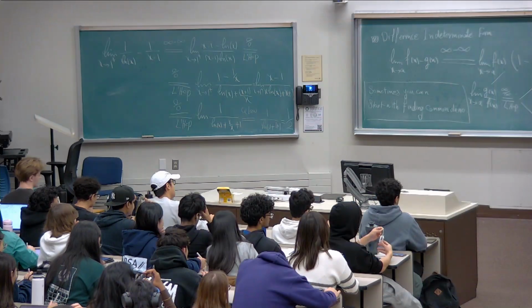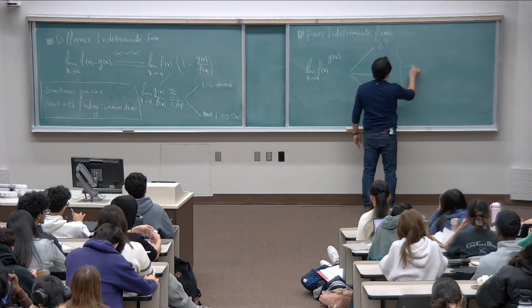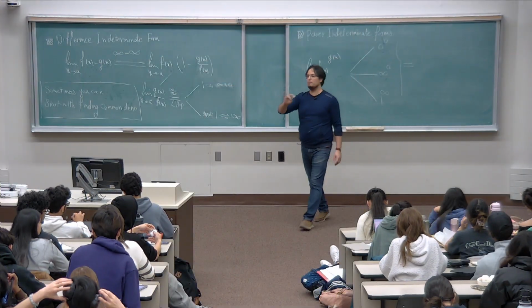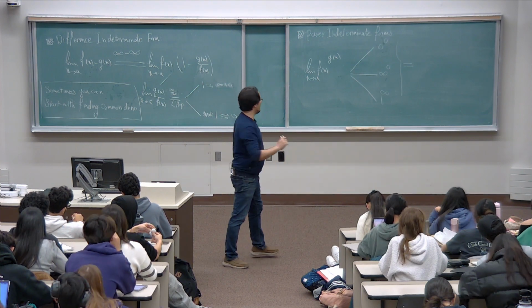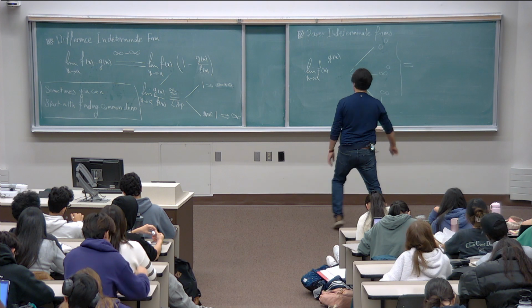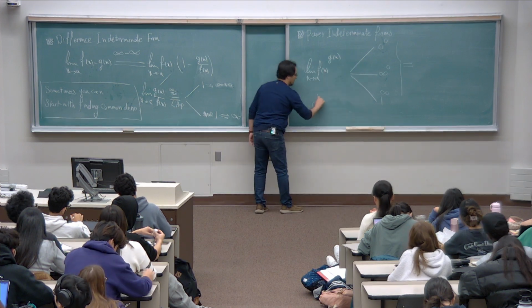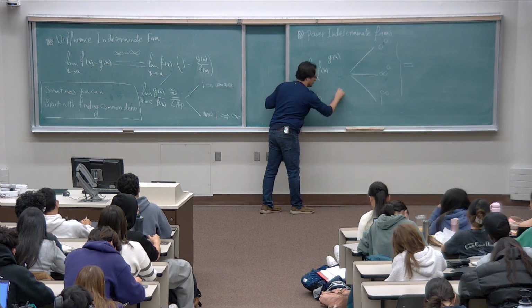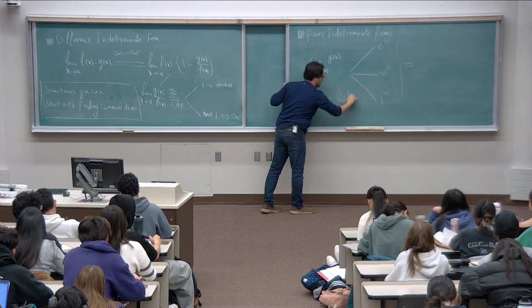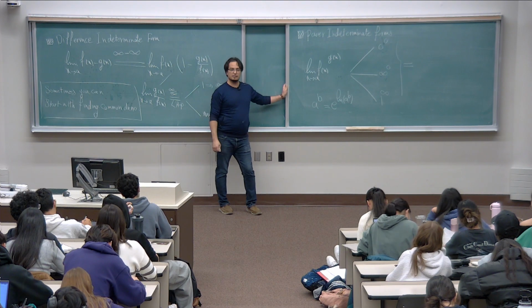What are we going to do with these ones? There's one trick, nice and simple, and it will solve everything for us. It comes from this fact. We already used this fact somewhere. That if you have a to the power b, you can write it as e to the power ln of a to the power b. Yes?